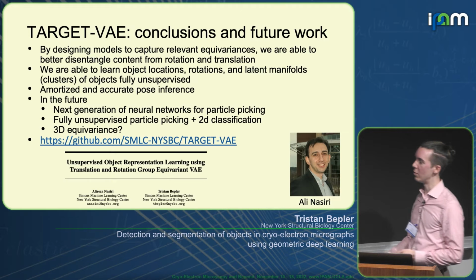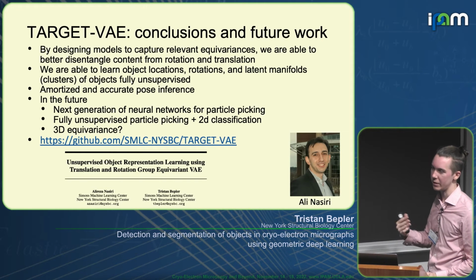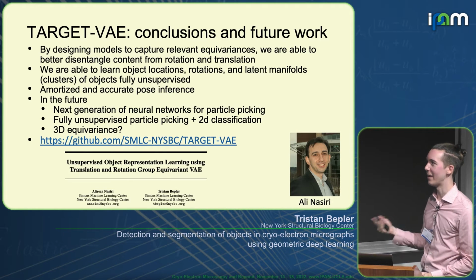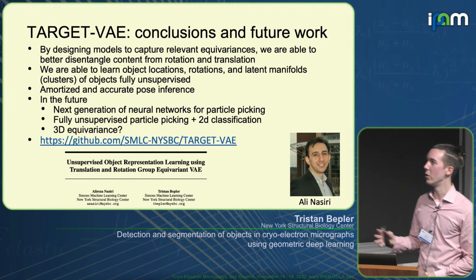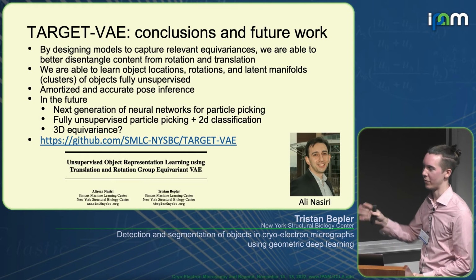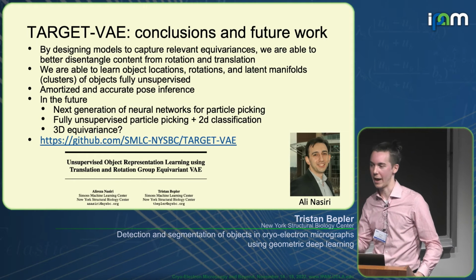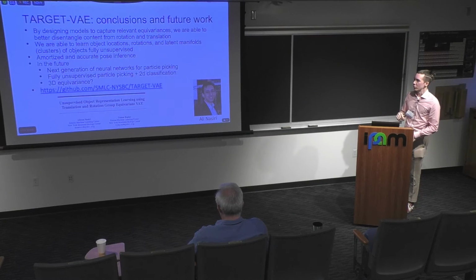So with that in mind, the conclusions and next steps: what I hope I've convinced you of is that by designing a model that captures these relevant equivariances, we're able to much better disentangle our content from these nuisance variables, and also do accurate inference on those nuisance variables. This allows us to amortize accurate pose inference.